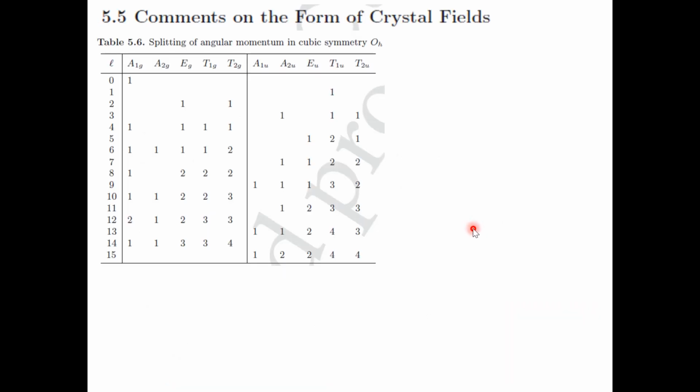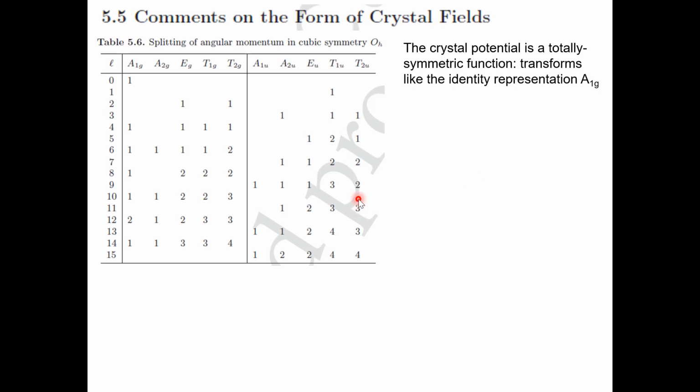So the last topic in this chapter is a comment about crystal fields in general. So the shapes of crystal fields and the symmetries of crystal fields. So the crystal potential is a totally symmetric function.